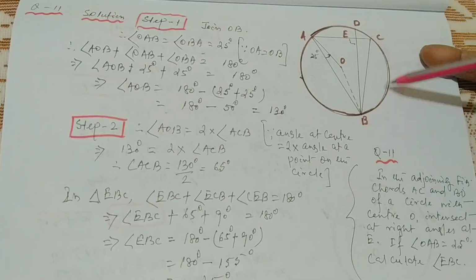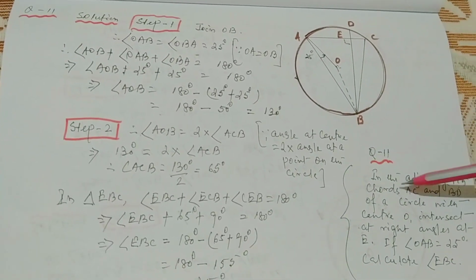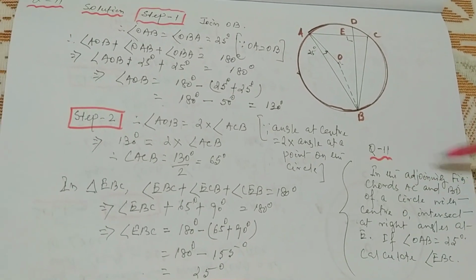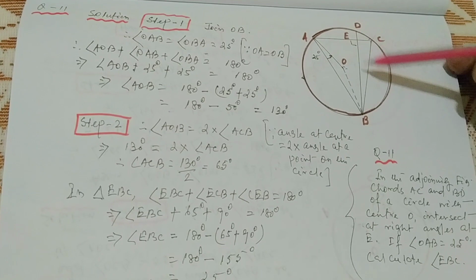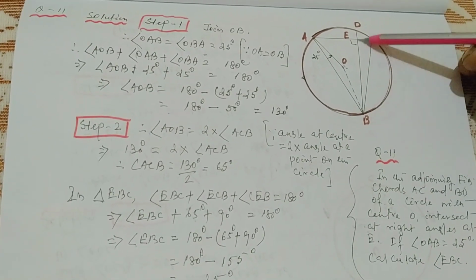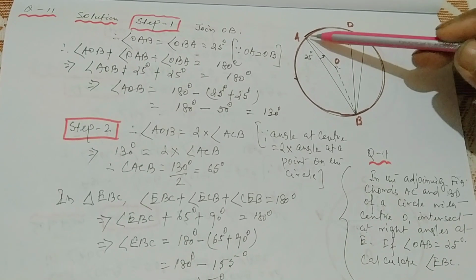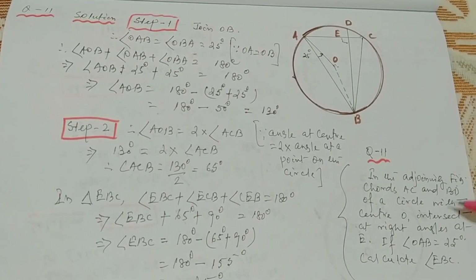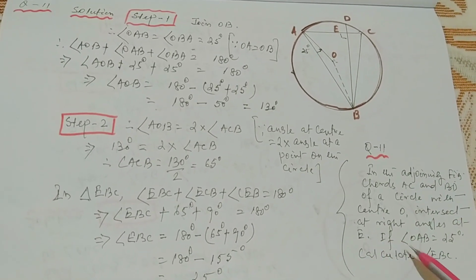So in this diagram, this is a circle. O is the center of the circle and chords AC and BD. This is a chord AC and another chord is BD. These two chords of the circle with center O intersect at right angles.